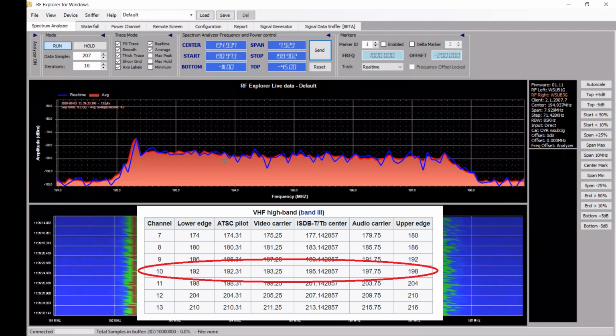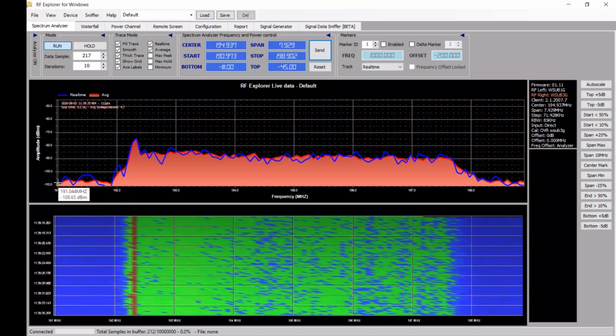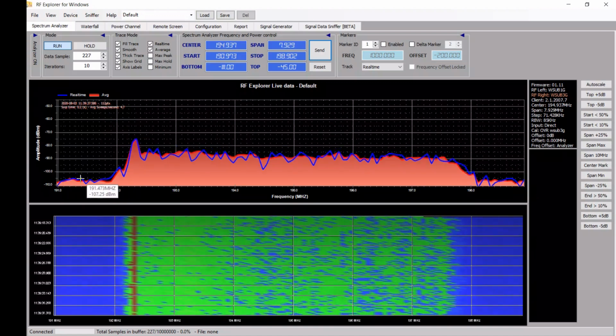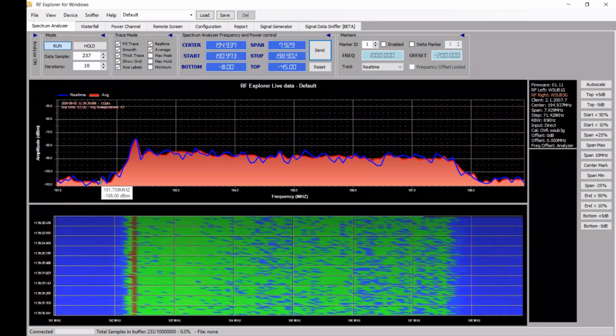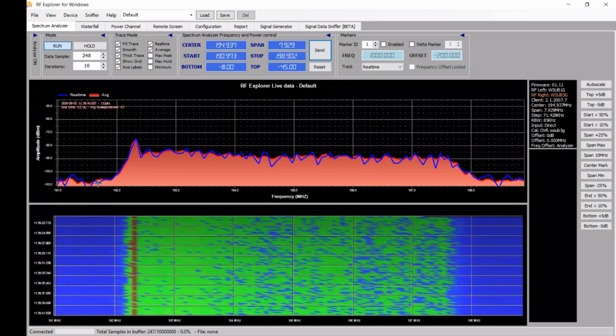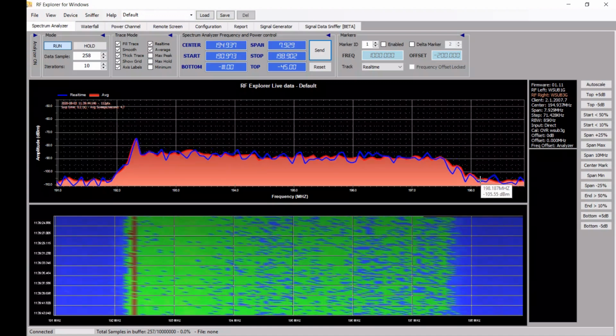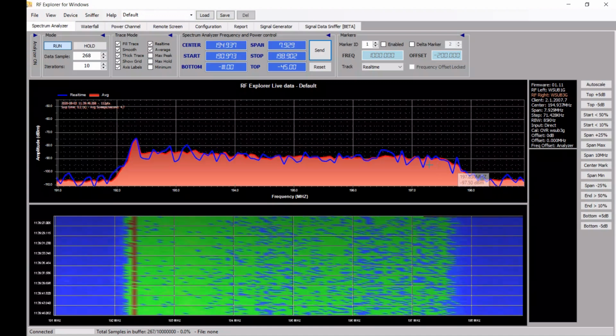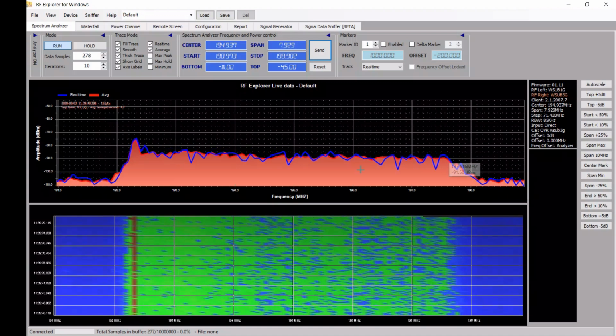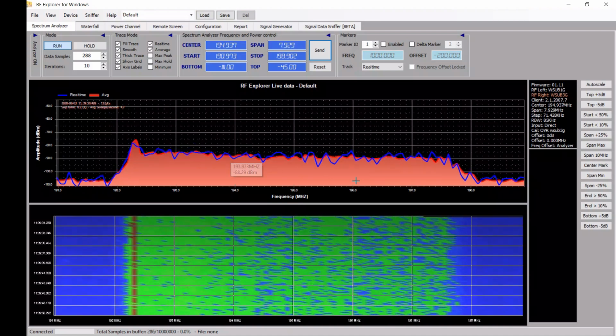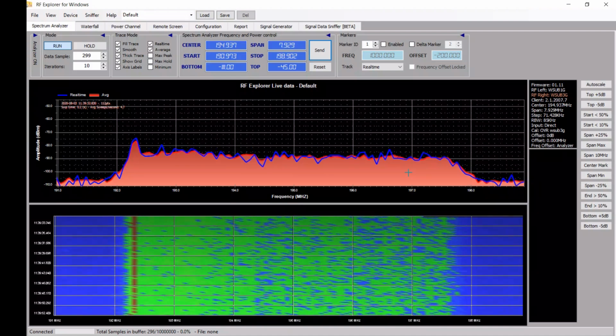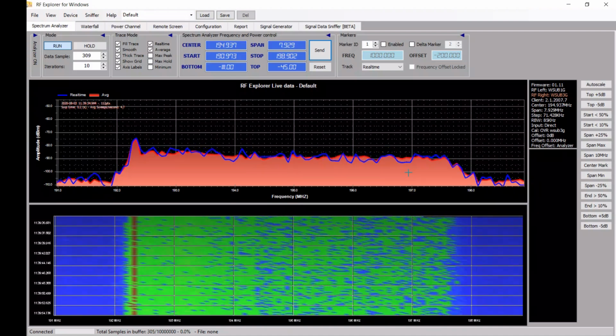Anyway, as you can see, over here we have what is basically noise. There's no adjacent channel in this market. And on this side, we have noise. This peak, across this whole area, is around 6 megahertz, which is the channel allocation for channel 10.